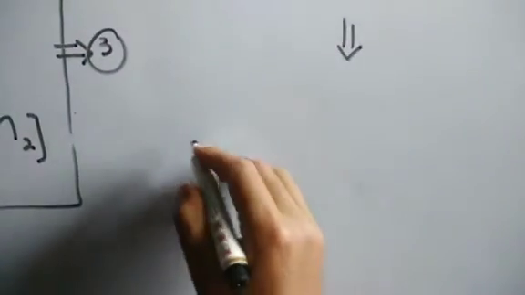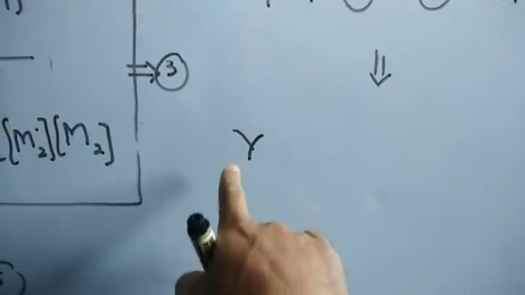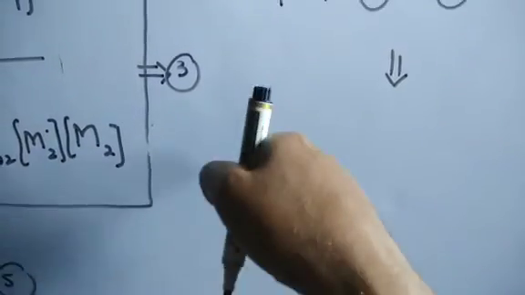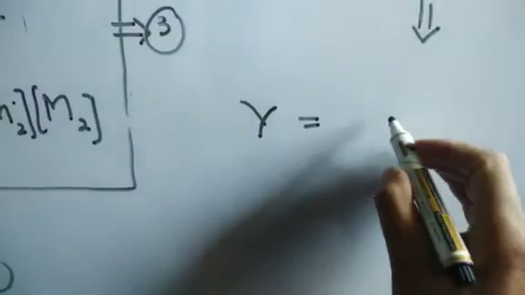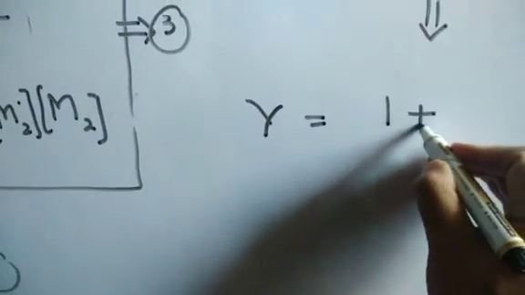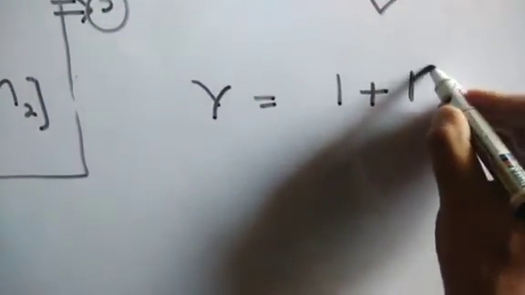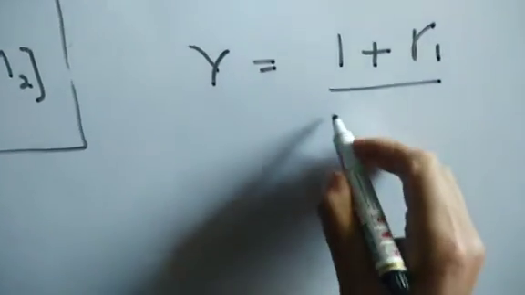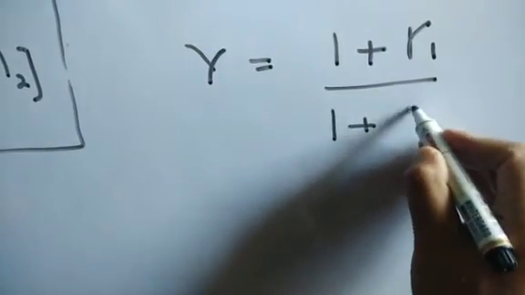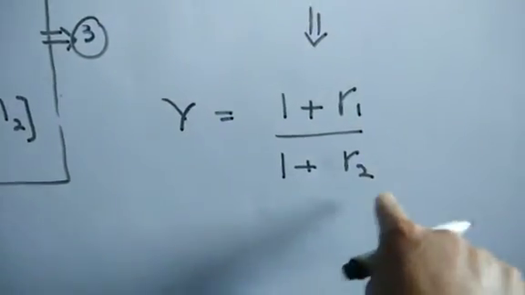Now I'm not going to solve this; you can try this. You will end up with a relation that the ratio of monomers M1 to M2 in a particular copolymer is given by 1 plus R1, which was the ratio of rate constants for the first monomer, plus 1 plus R2, the rate constant ratio for the second monomer.